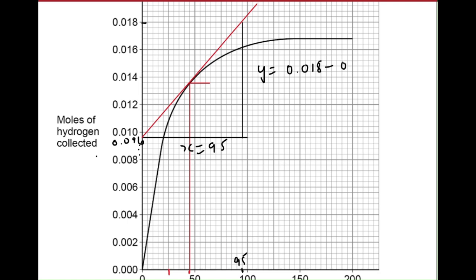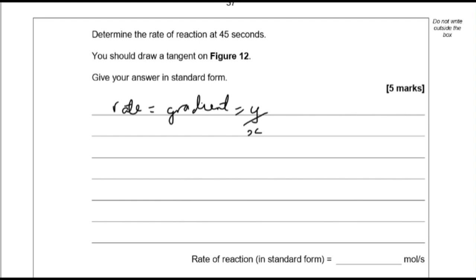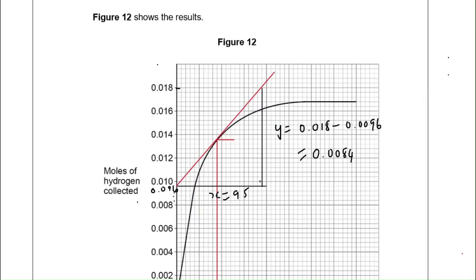So across the top it's 0.018, so the y is 0.0018. Take away 0.0096. Crunch that on your calculator, and what you get is 0.0084. So the rate of the reaction is equal to the gradient, which is y divided by x.